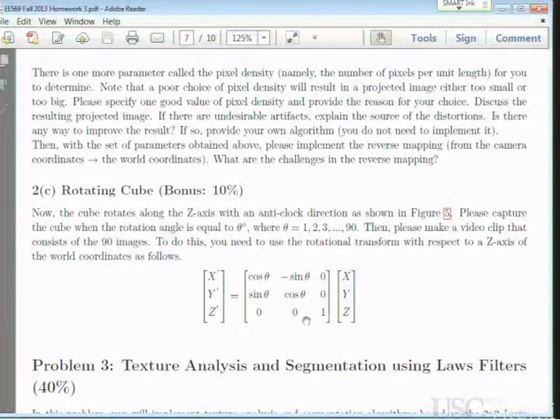So z is still 1, z prime is always z, the same, but x, y will be something like that, which is the rotation equation. And then you have to solve the equation, doing the reverse mapping from the image to the surface, and find the corresponding coordinates, and then find its color, right?